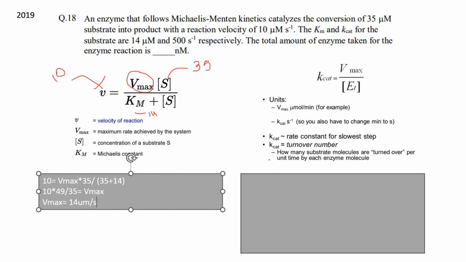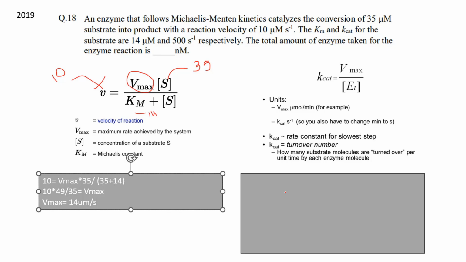What is Kcat, if you ask? Kcat represents the turnover number, that is how many substrates are getting turned over per unit time by each enzyme molecule. So this indicates that 500 units of the substrate are getting converted into product in 1 second. So Kcat is also given, Vmax we have calculated earlier, and then we have to find the enzyme concentration.